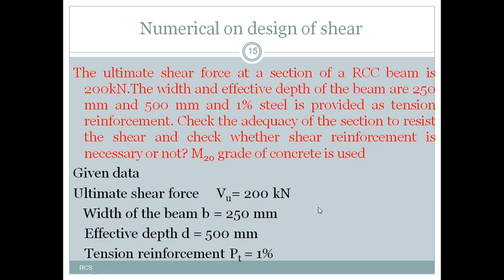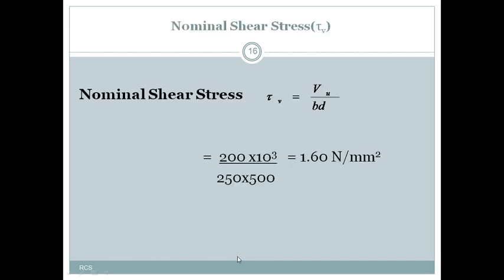So the given data is Vu equal to 200 kilonewton, b is 250 mm, effective depth is 500 mm, and percentage of tension reinforcement is 1%. According to that, first we have to calculate tau v. Tau v is the nominal shear stress, that is factored shear force by area of cross section.